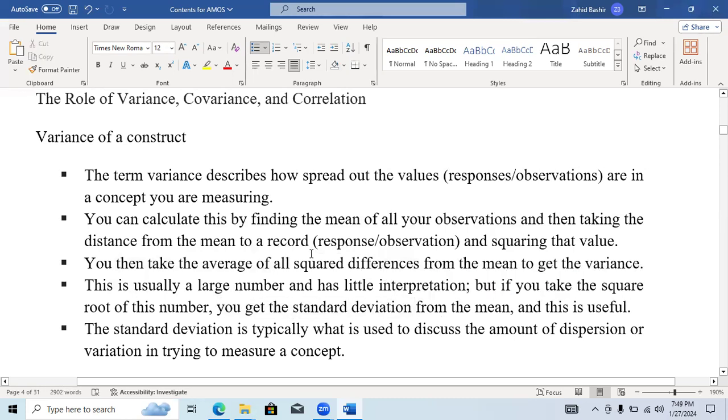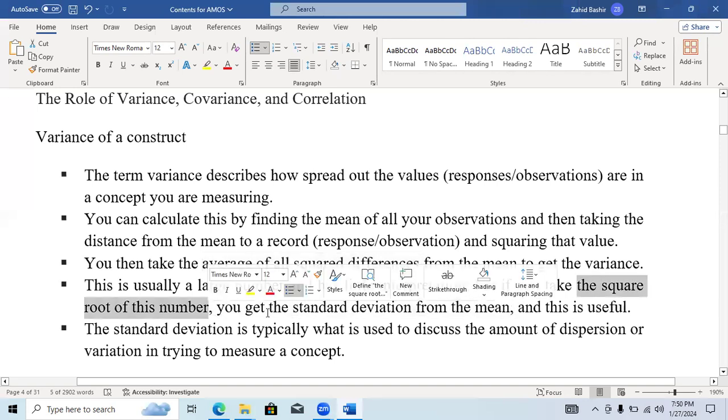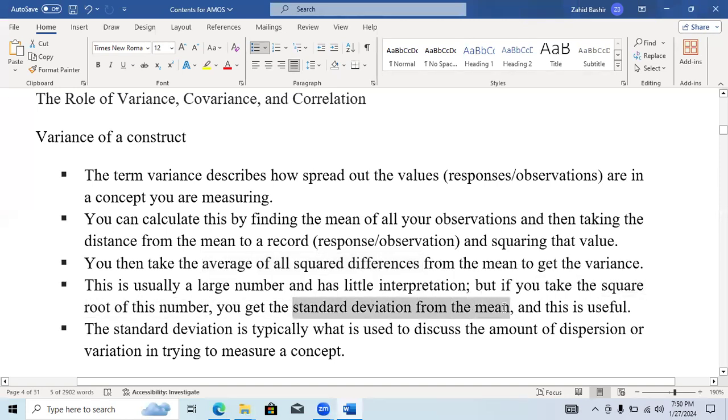So basically, you find the mean of all of your observations, then you subtract that mean from each response, and then you square the difference of that value, then you average all your square differences, and then as a last step you take the square root, and when you take the square root it becomes the standard deviation of the mean.